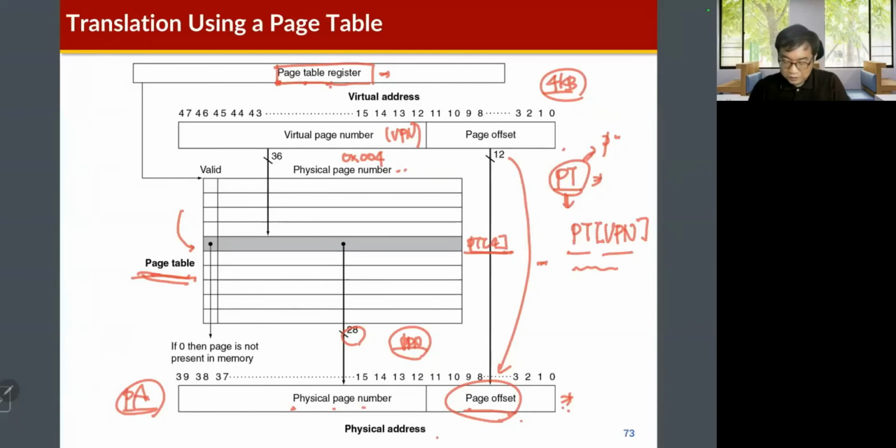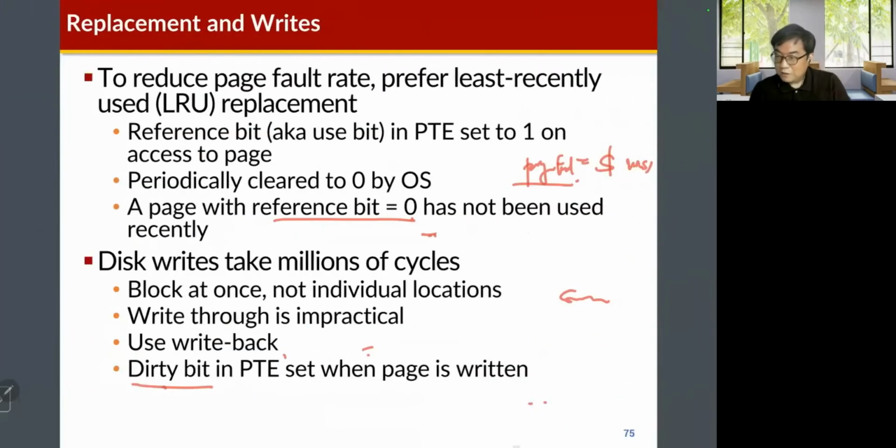So this page table register has the address, the pointer to the page table, which means that the page table actually exists in main memory. So what's the problem?